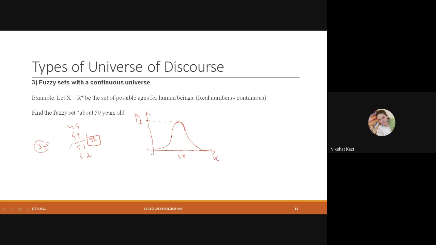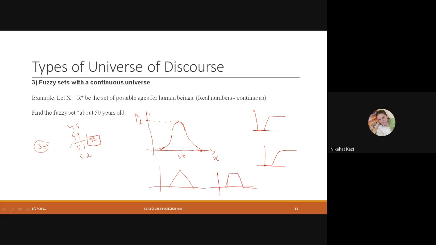As you're moving to the left of 50, the membership starts decreasing. You can model 50 using trapezoidal also.